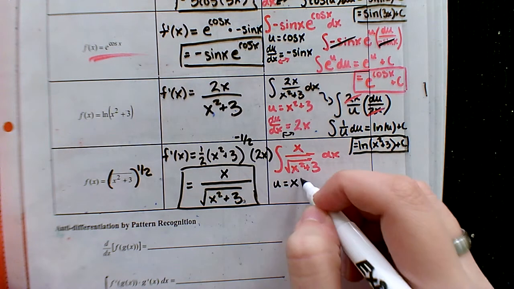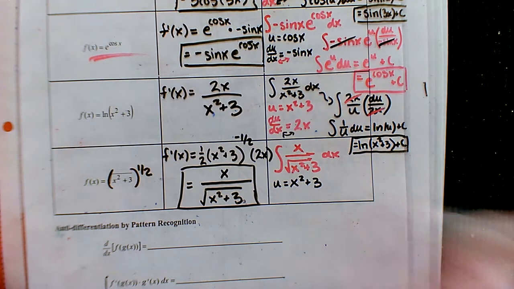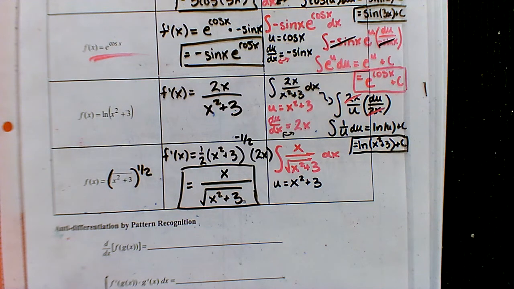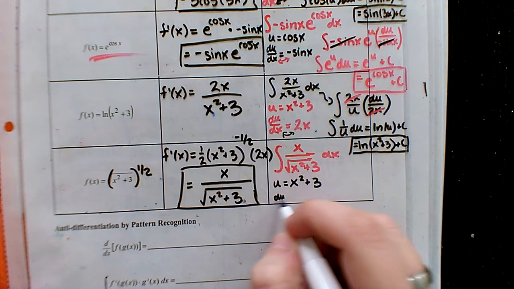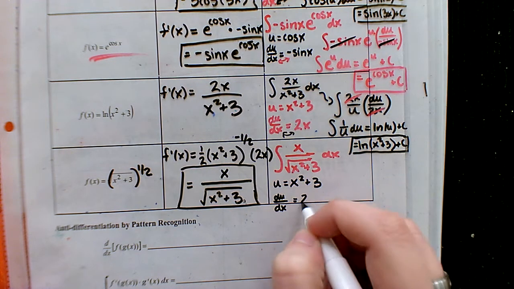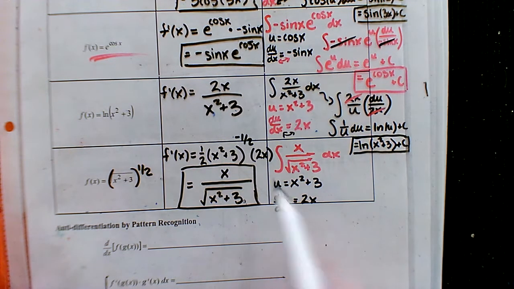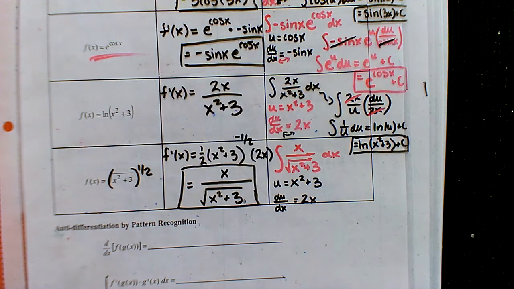Okay, inside the square root, we'll do x squared plus 3. What's the derivative of x squared plus 3? 2x. Now, notice how in the integral, we don't exactly have a 2x, but we do have an x, right? So the derivative isn't matching exactly, but it's kind of there. We'll see how this is going to operate.